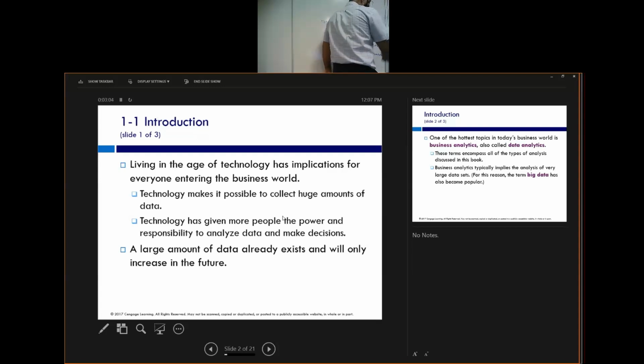Okay. In optimization, we have three types of variables: objective, which has to be optimized, whether maximized or minimized, depending on the type of your objective.